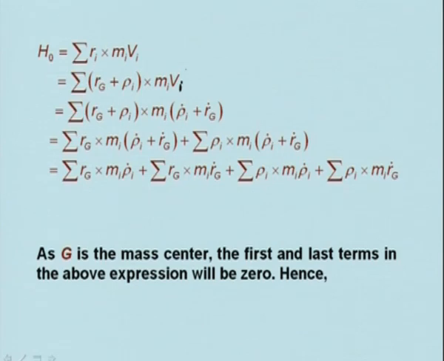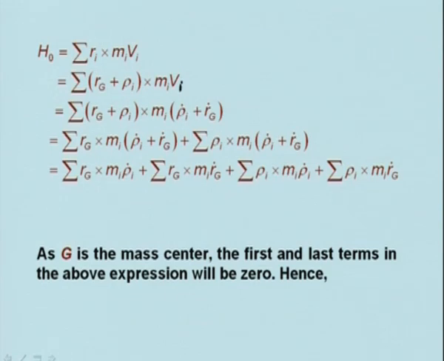Now this can be written as sigma (Rg plus rho_i) cross mi (rho dot_i plus r dot g), and that becomes sigma Rg cross mi (rho dot_i plus r dot g) plus sigma rho_i cross mi (rho dot_i plus r dot g).